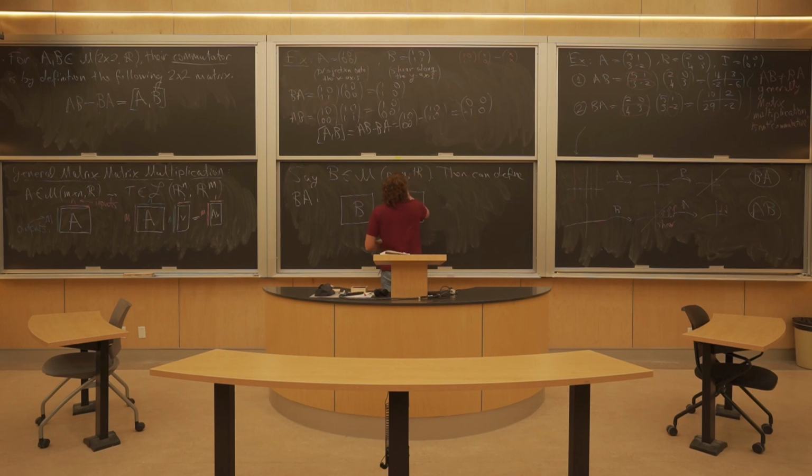So this is N. This is M. But then the number of columns of B is M. So the input dimension of B matches with the output dimension of A, which means that I can first apply this and then this. And then the output is P dimensional.